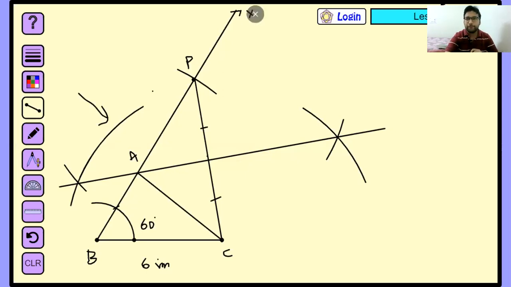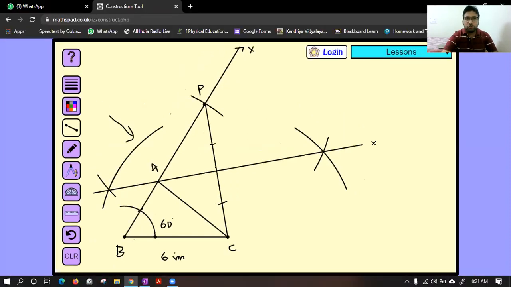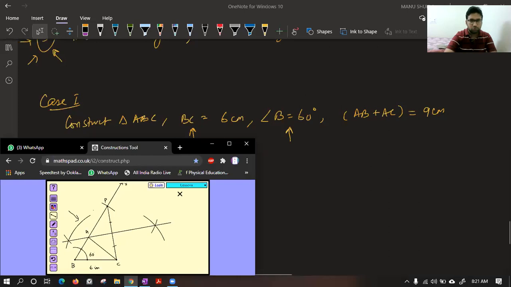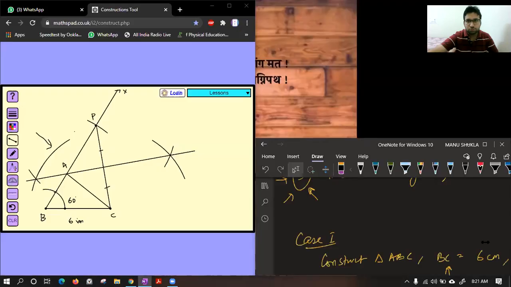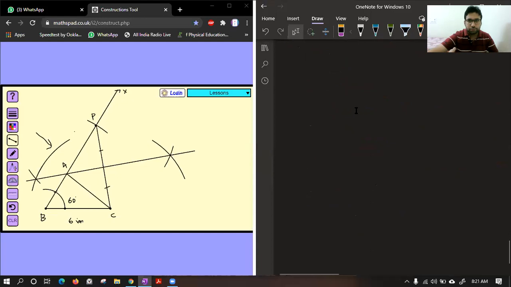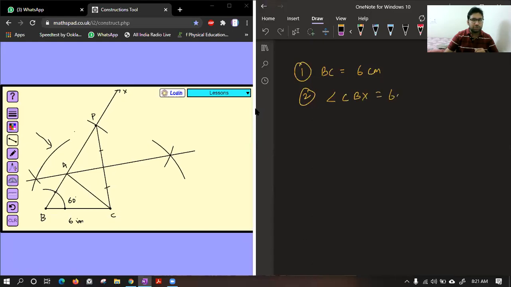Okay, now see. Class, what we have done: first step, we have drawn BC equal to 6 centimeter. Second step, we have drawn angle CBX equal to 60 degree.